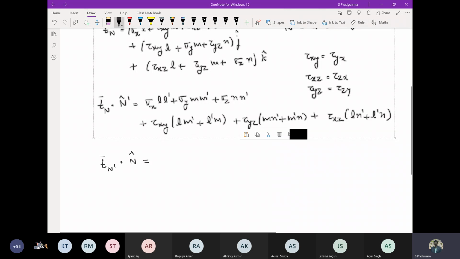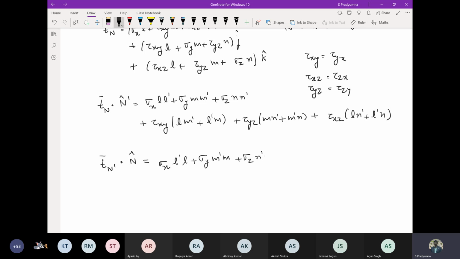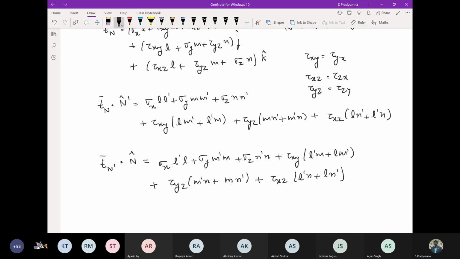Writing this equation again, it will be sigma x l dash l plus sigma y m dash m plus sigma z n dash n plus tau xy times (l dash m plus l m dash) plus tau yz times (m dash n plus m n dash) plus tau xz times (l dash n plus l n dash).